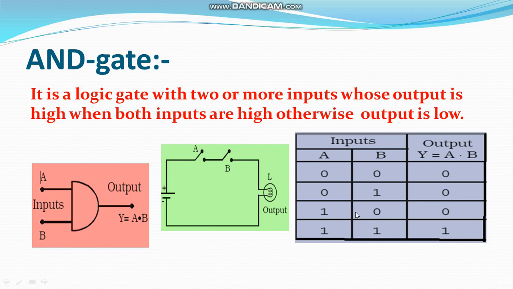A is closed, B is open, again you are not getting output, so the output is 0. When both switches are closed, then only the bulb glows, so you will get output 1. So in one line, when both inputs are 1, then only the output is 1, otherwise the output is 0.